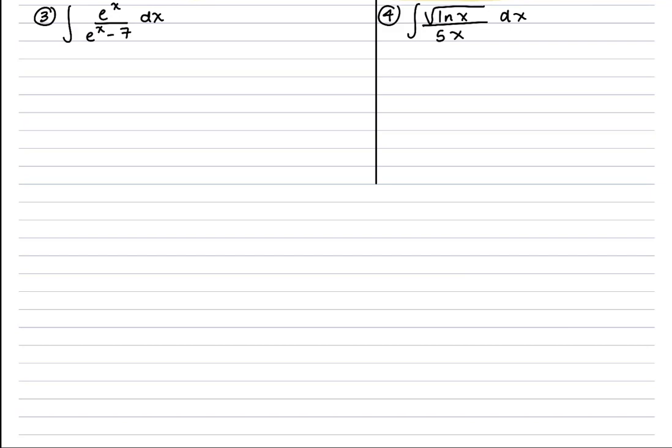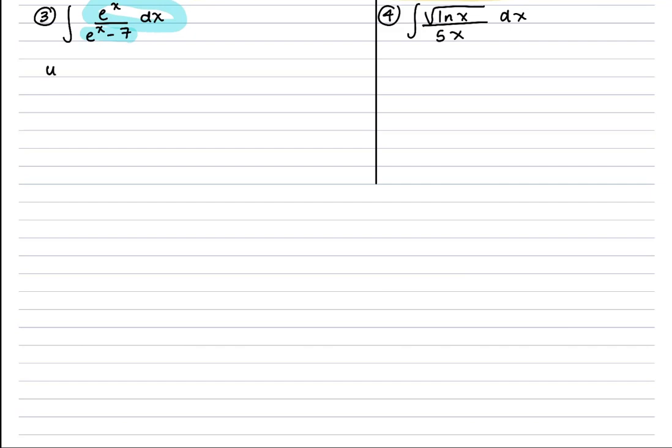So if I look at this denominator here, if I take the whole denominator, e to the x minus 7, then I notice the derivative of that is here, e to the x dx.